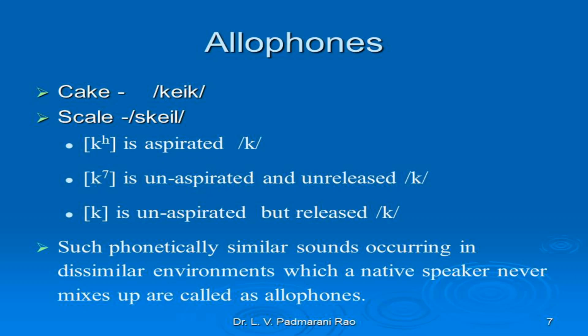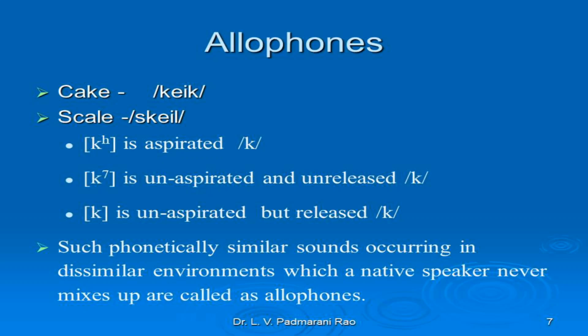So such phonetically similar sounds occur in dissimilar environments. What do you mean by this? Where the aspirated k comes, the unaspirated k doesn't come. Where the unreleased k comes, the released k cannot come. So you cannot pronounce it as cake, or cake, scale.